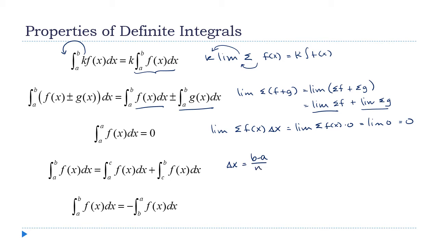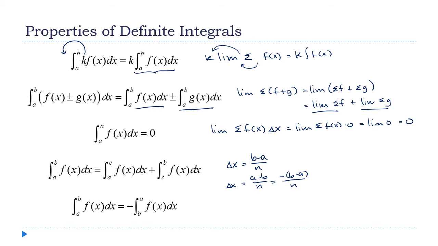But how about if I go the other way? If I go the other way, then delta x equals a minus b divided by n. But this is equal to negative (b minus a) divided by n. So you see all of our delta x's change sign. And since every term in the sum is being multiplied by a delta x, that just reverses the sign of every term in the sum.